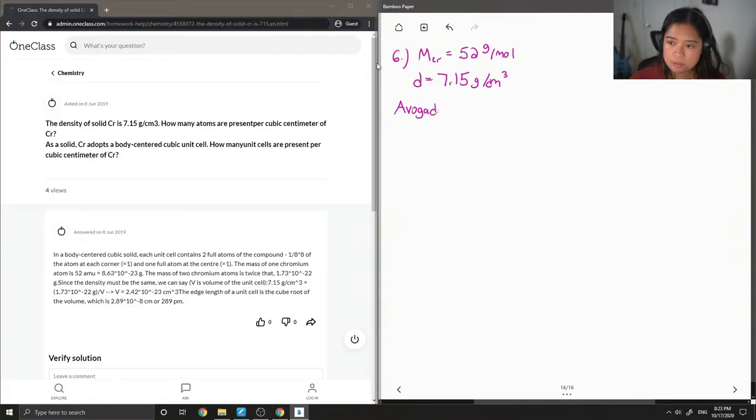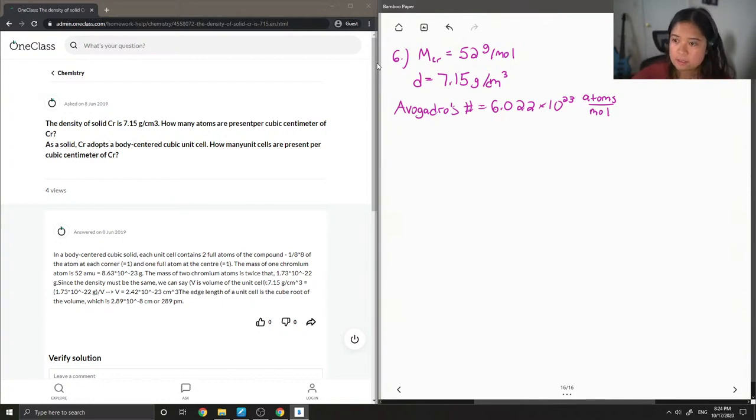Avogadro's number is equal to 6.022 times 10 to the power of 23. And the units are atoms per mole. So you can see that it's a very large number. That's how many atoms are in 1 mole.